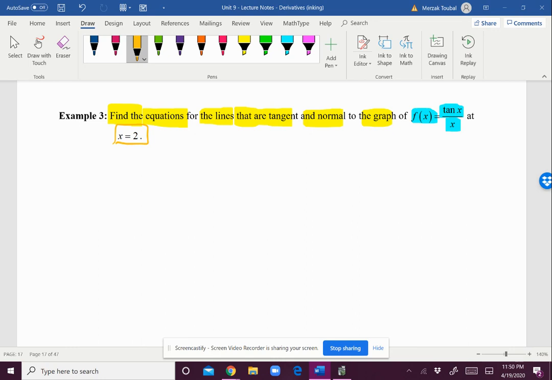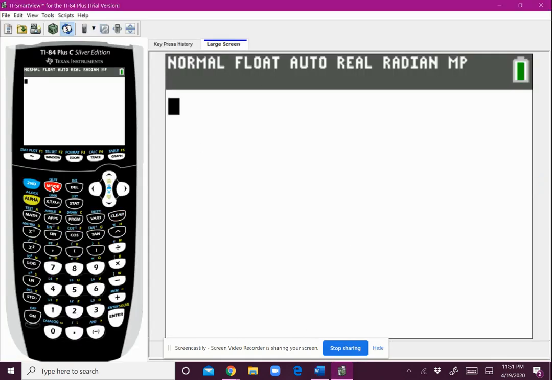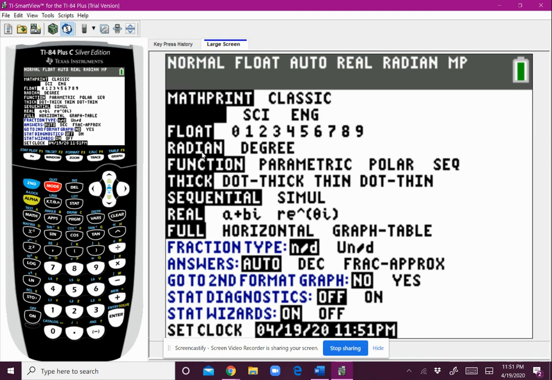So do we have a point? Yes. We want the tangent line that passes through the point whose x-coordinate is 2. To find the y-coordinate that corresponds to x equals 2, we need to evaluate the function at 2. So y equals f of 2, which is tangent of 2 over 2. Let's use the calculator and make sure your unit is set to radian. We go to mode. It is on radian. So we exit.